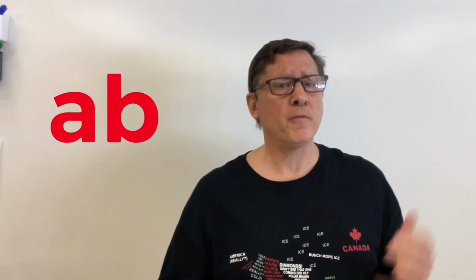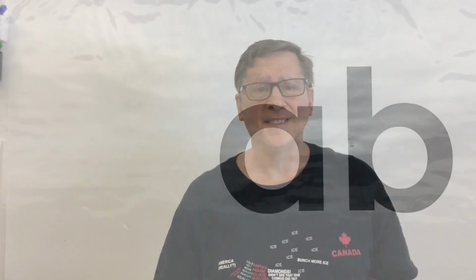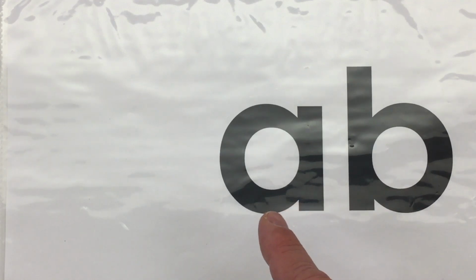So in today's spelling lessons, let's look at the word family ending for ab and for ad. The spelling ending we're looking at today has the letters A, B. AB makes the word ending sound ab.